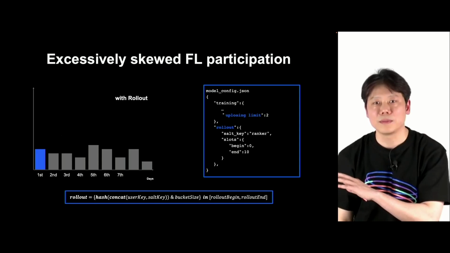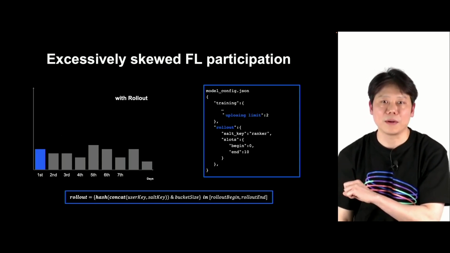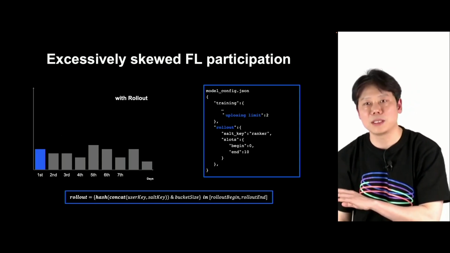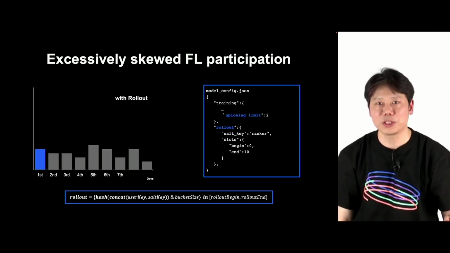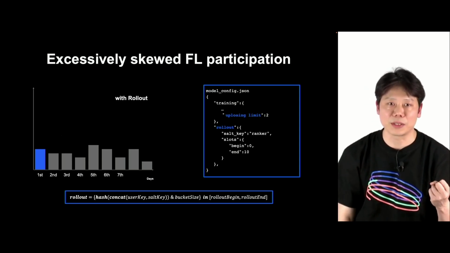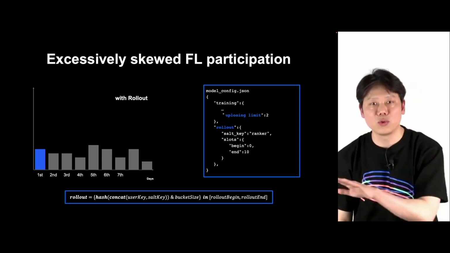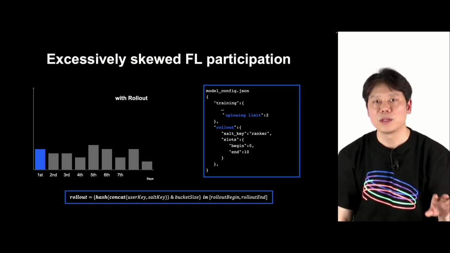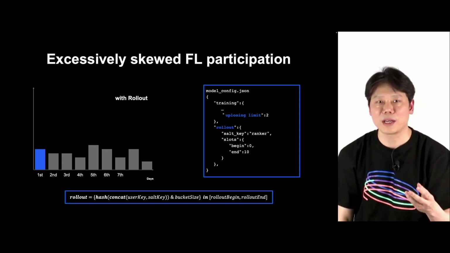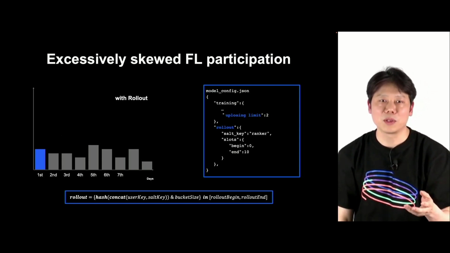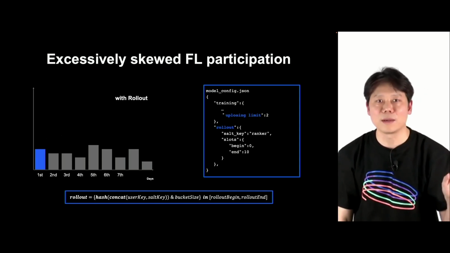To prevent this from happening, as you can see on the right-hand side, there is a rollout and an uploading limit. Rollout, as you can see in the formula here, uses a key and a hash, where the users are divided equally into different groups, and when it's their turn, they are able to participate in the learning.